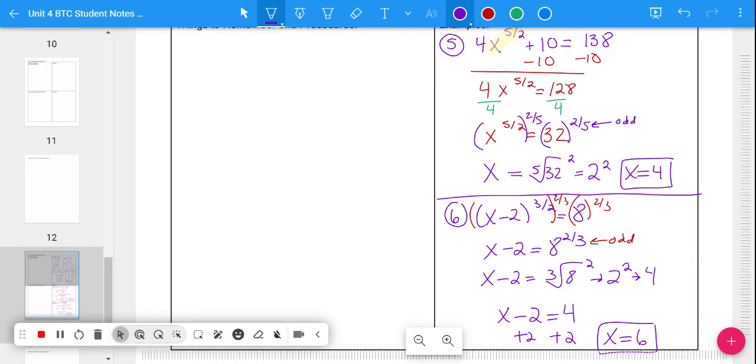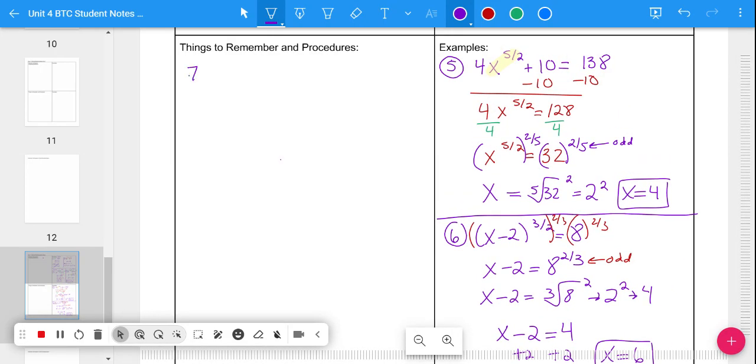I can move it over here. So again, this whole thing is being raised to this 4/5 power, so I'm going to raise this whole side to the 5/4. But whatever I do to one side, I have to do to the other side.